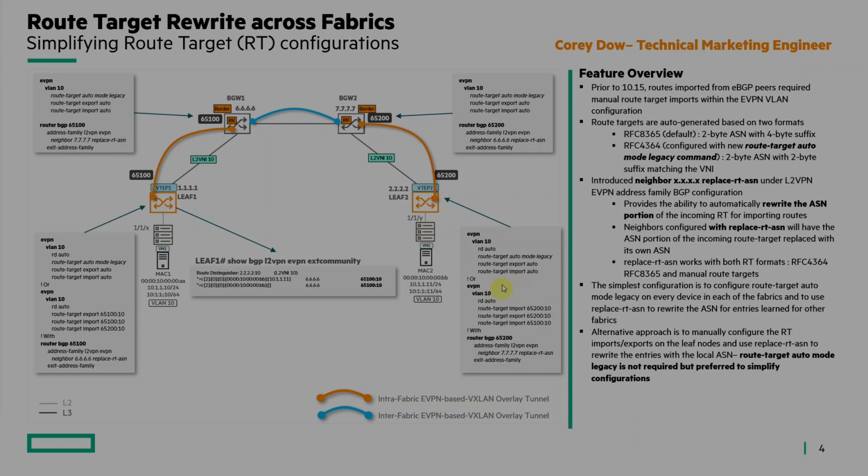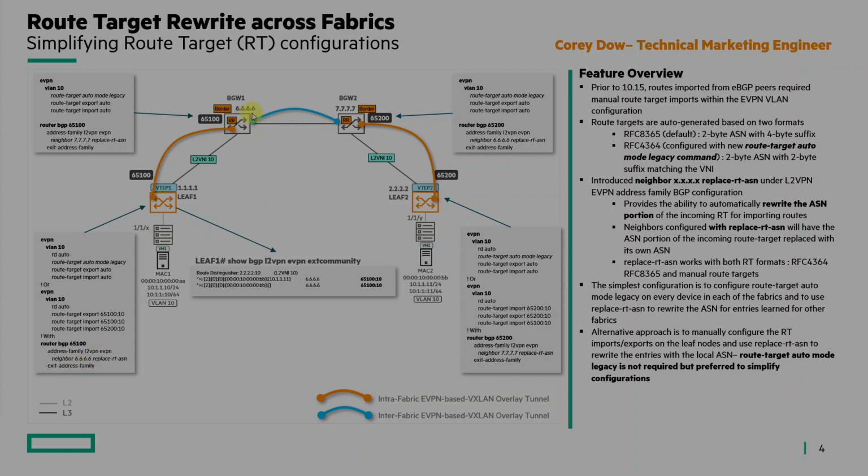As an example, we have this MAC, 00BB with 10.1.1.11, communicating across the fabrics to the destination 10.1.1.10. With replace RTASN configured, the router ID 6.6.6.6 is the border itself.